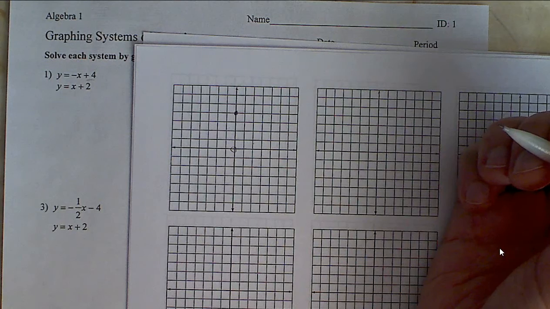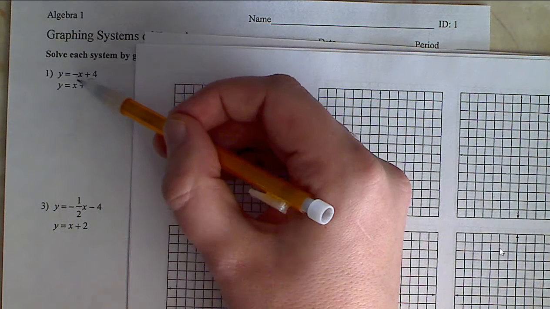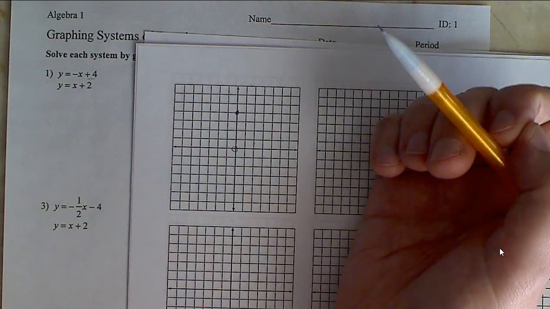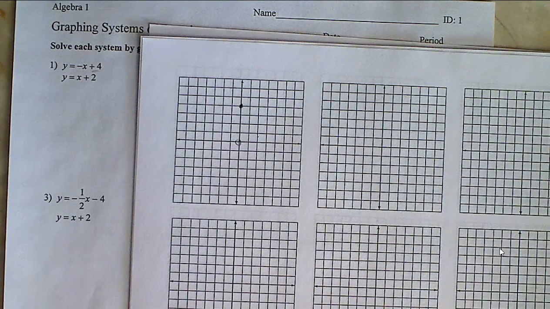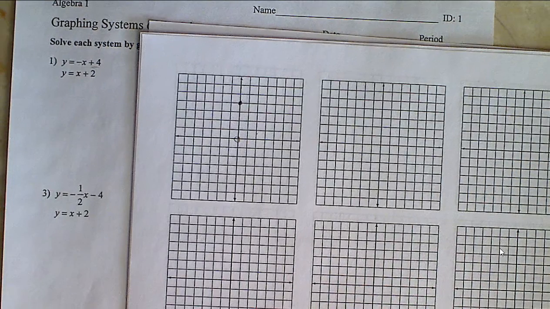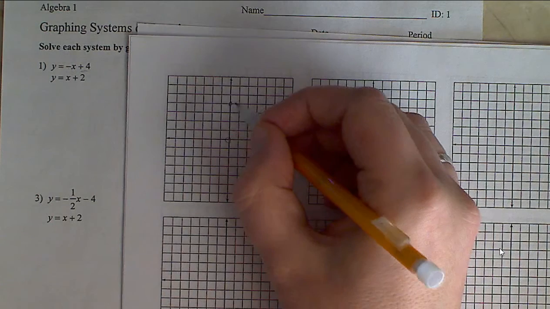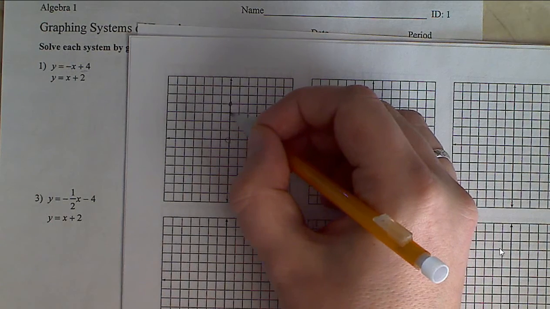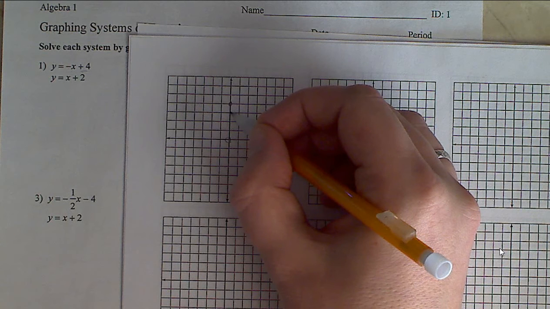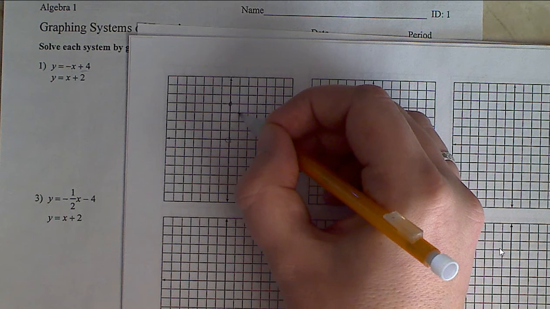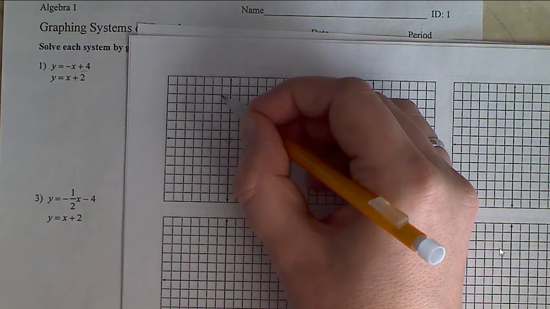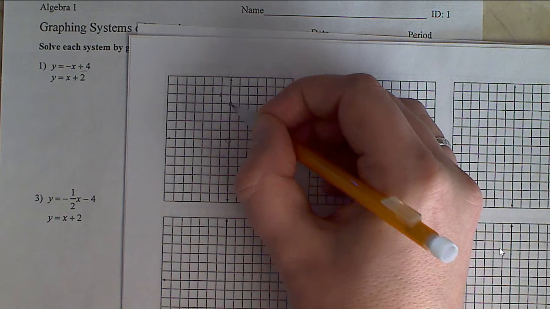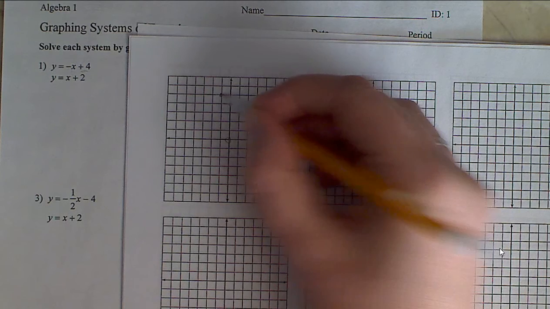Now from there, my slope is negative 1. So since the slope is negative 1, where should I go? If I go down, I shouldn't also go left. I should go down and right, or up and left. So there's the first line.